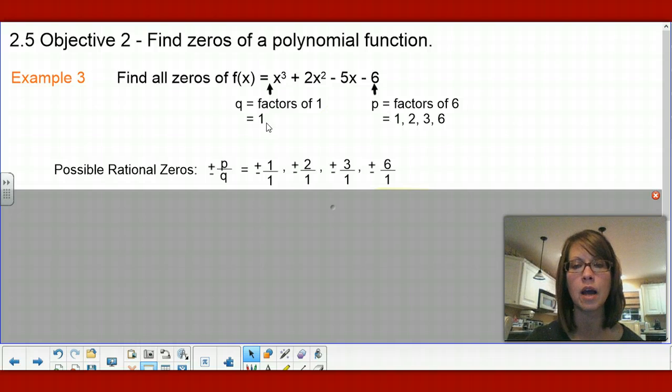So here I just did 1 over 1 and 2 over 1 and 3 over 1 and 6 over 1. And it could be the positive or negative version of any of those 4 numbers. You can simplify this to be plus minus 1, plus minus 2, plus minus 3, plus minus 6.